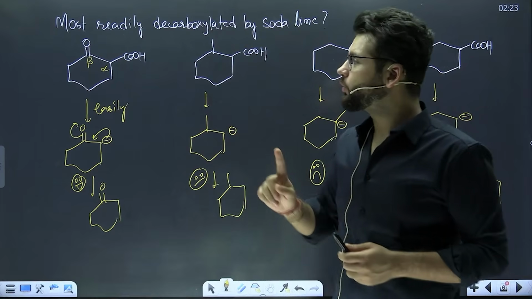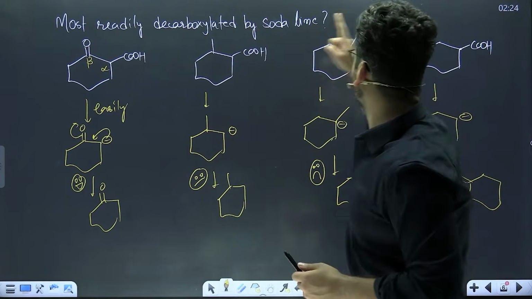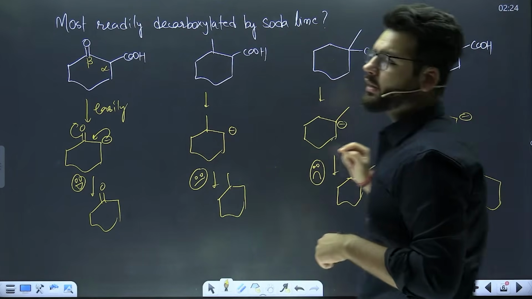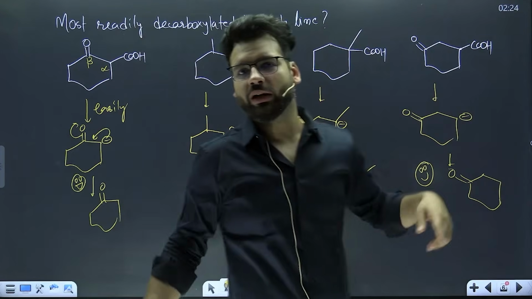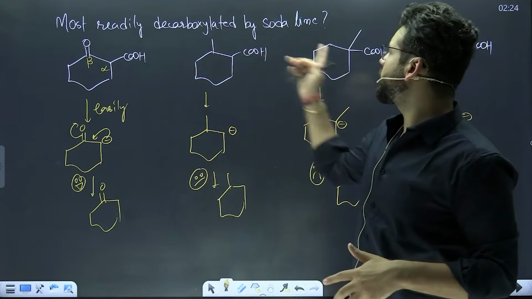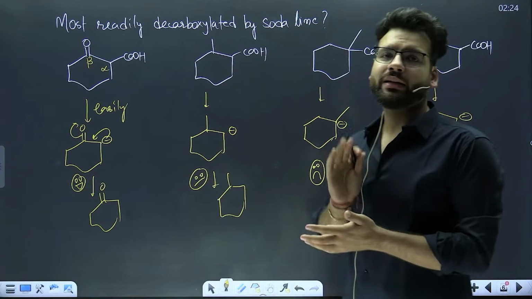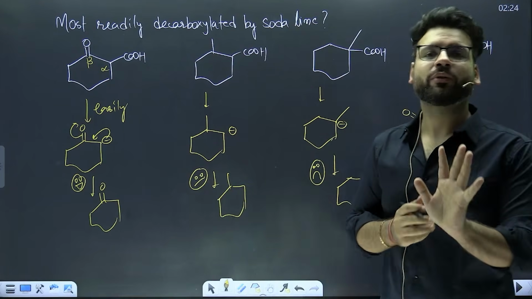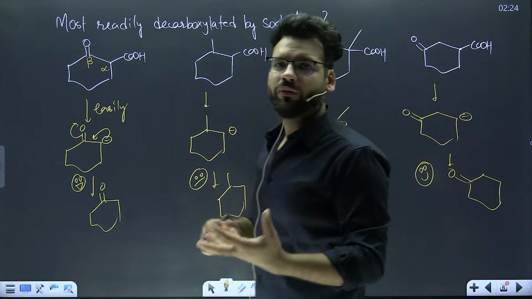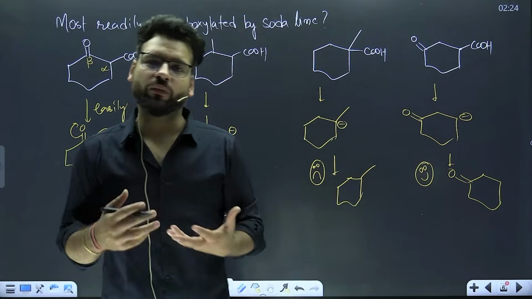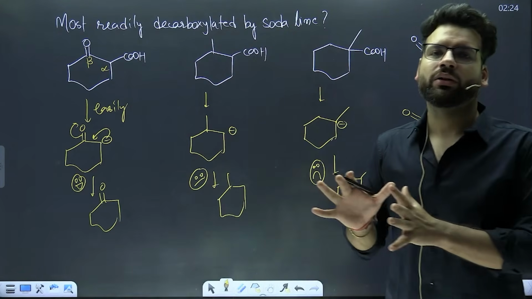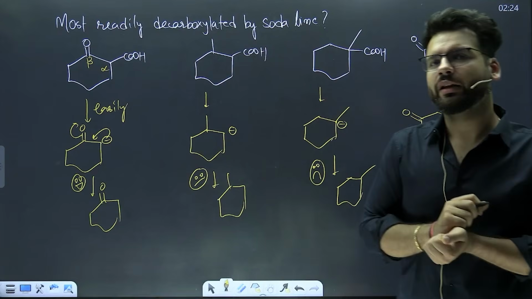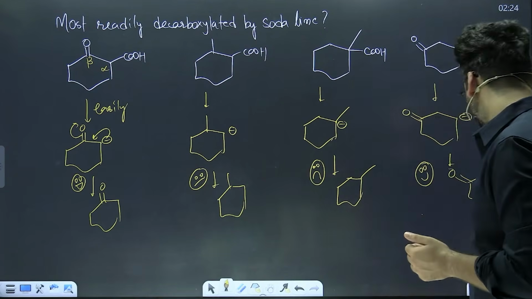I've just shown you, this was a different compound, this was a different compound, but their final product after decarboxylation is the same. Cyclohexanone here, cyclohexanone here. These two are different compounds, but their final product is exactly the same. So two different types of questions I've shown you here: rate of decarboxylation, ease of decarboxylation, and checking the product whether they are the same or not. Okay, right? So these are the ones.